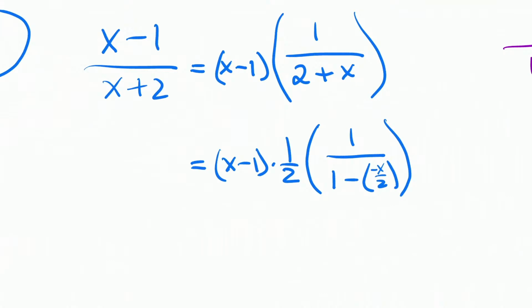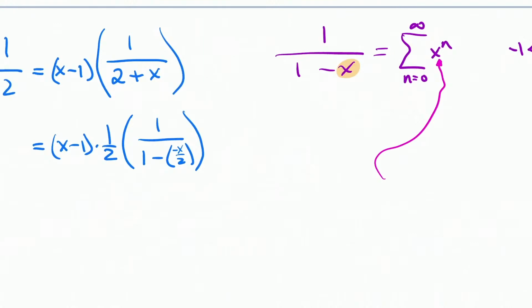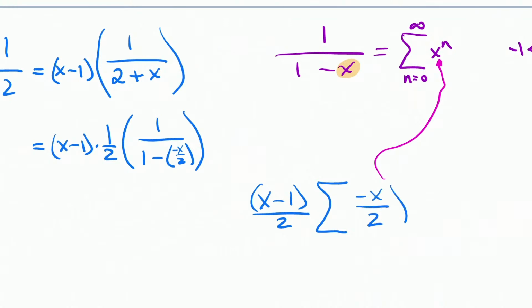And then from here, now we can refer to this template over here. And so this thing, let's see if I can get this to aim properly. x minus 1 over 2 times the sum of, let's see, give me a sec here, negative x over 2. I did a pretty good job.